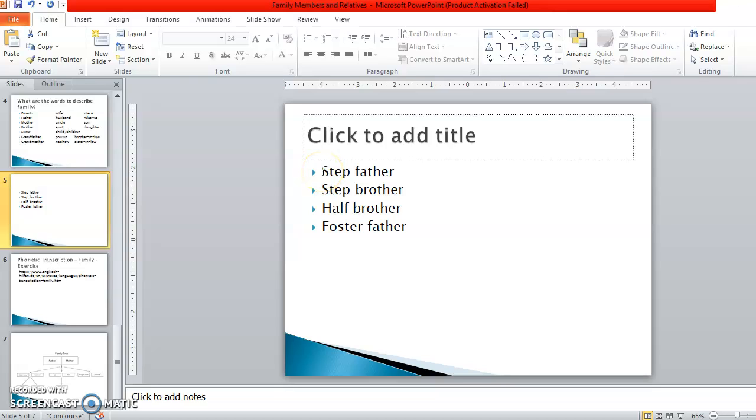If the stepfather has a son, the son will become your stepbrother. And there's also half brother and foster father. Foster father is quite interesting. In Bahasa, that's ayah angkat. If you have ibu angkat, it will be called foster mother.